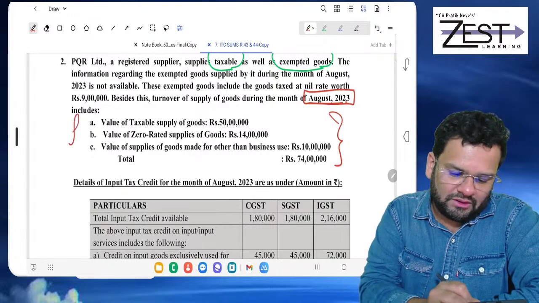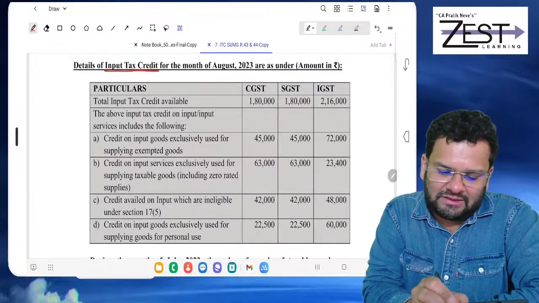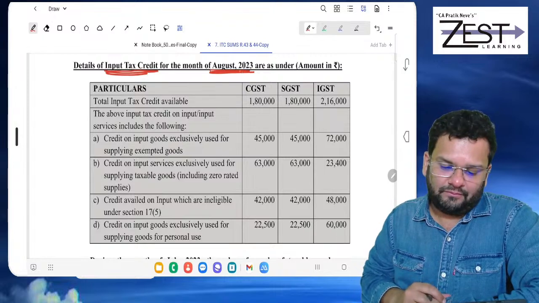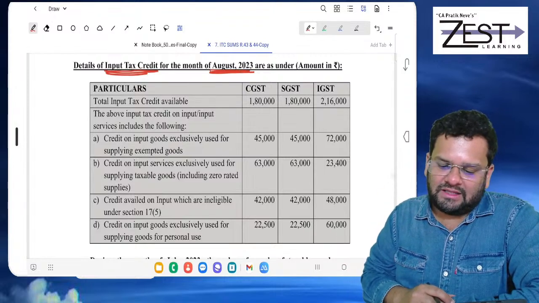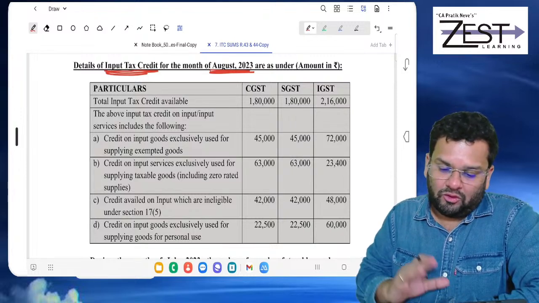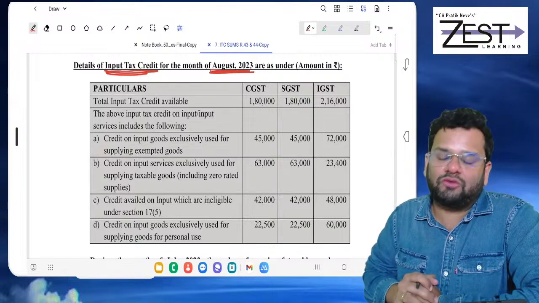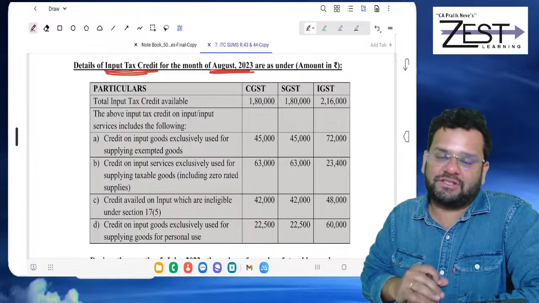Now details of ITC are given for the month of August 23. Okay, think logically. Total ITC available for the month is 1,80,000 of CGST, 1,80,000 of SGST and 2,16,000 of IGST.